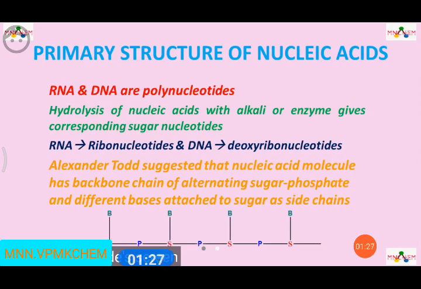Here we can see a basic backbone or a polynucleotide chain consists of sugar and phosphate alternatively arranged, whereas the bases, purines or pyrimidines, are attached to the sugar molecule as a side chain.